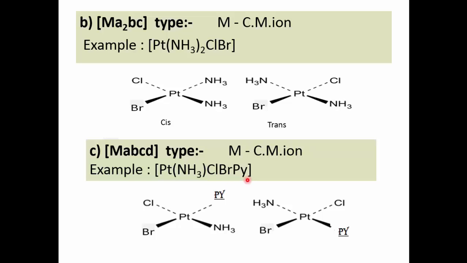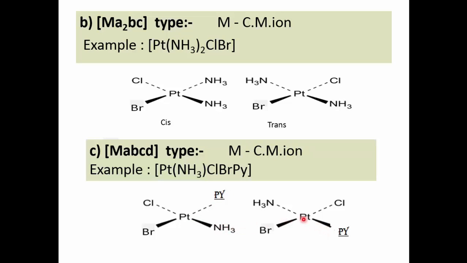Now the question is how to identify cis isomer and trans isomer. Here platinum is attached to chloride, pyridine, NH3 and bromide. We say in this structure, to this pyridine, ammonia is cis.